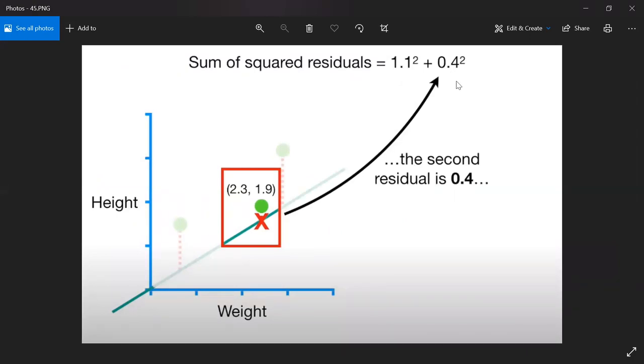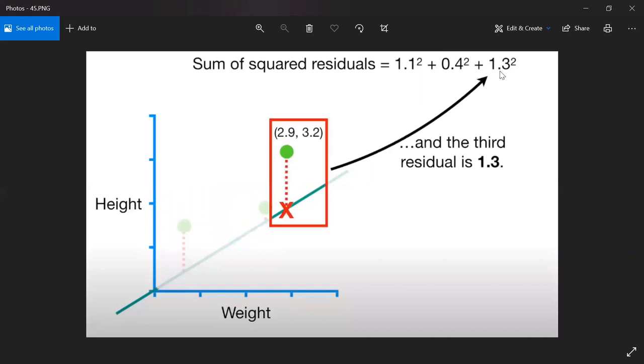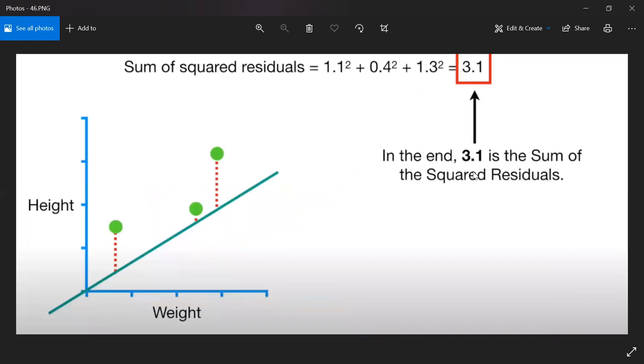For the second point also, I got the residual 1.3 whole squared. So I have the residuals for the 3 points. If I sum up, in the end 3.1 is the sum of square residuals when the intercept is 0. Guys, clear or not? When the intercept is 0, I got the residual sum 3.1.